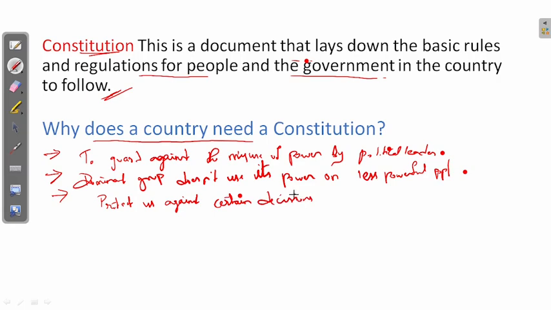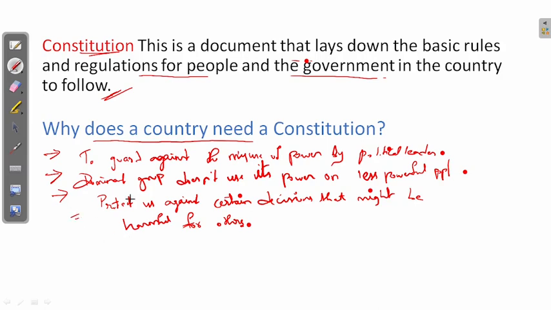So the Constitution helps us to protect them. It helps us to make laws which are helpful for all sections of the people, not only the higher section, that is the rich, but also the middle and lower class people.